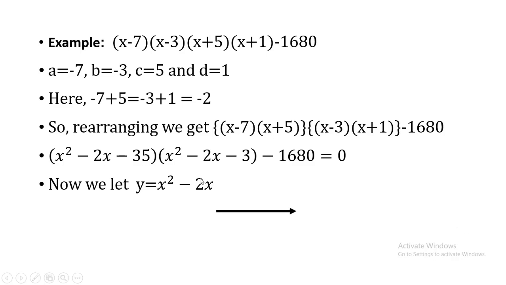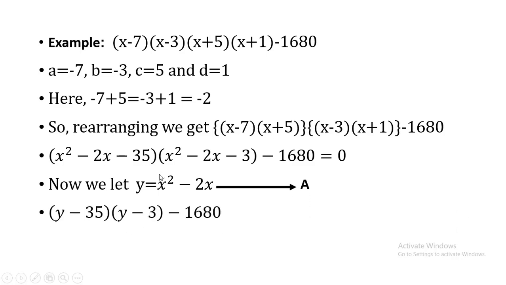Alright, I've named this as my equation A, and I have substituted the value of y in this equation. So I get y minus 35 and y minus 3, minus 1680 written as it is.